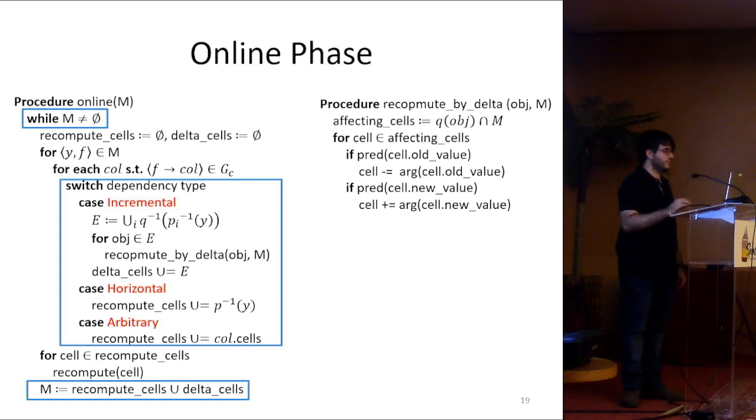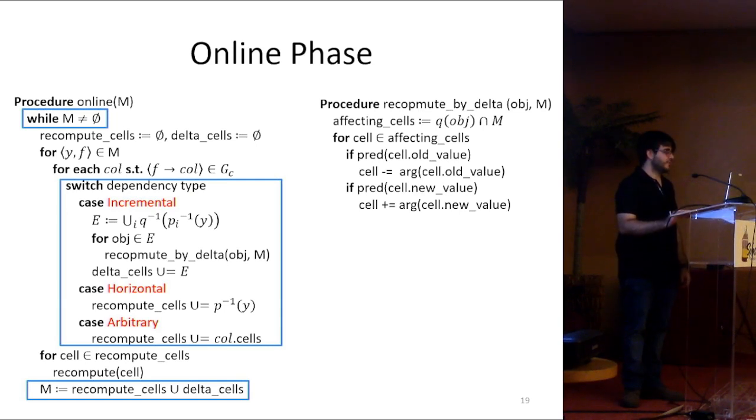And for each column, we use the graph to get the columns that depend on that column and check the type of dependency. If it's an incremental dependency, we compute E by the data that we stored in the offline phase, and get E, which is the set of cells that need to be recomputed. And because it's an incremental dependency, we can recompute them by the delta.